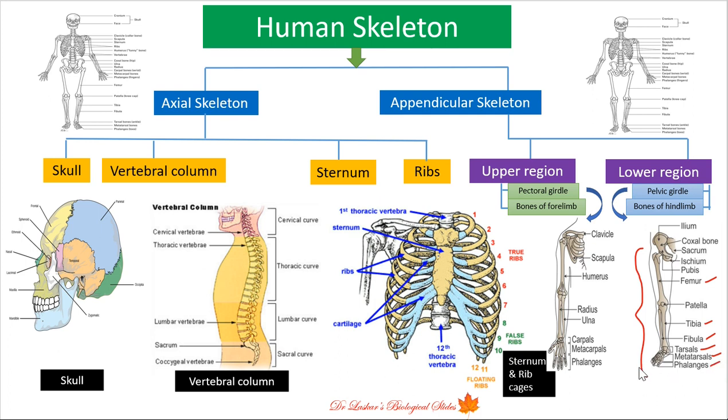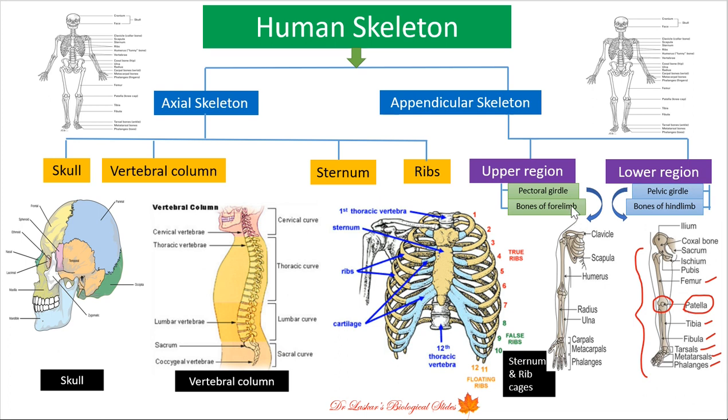You can see their position. A cup-shaped bone known as patella mainly covers the knee ventrally, and you can also call it kneecap.